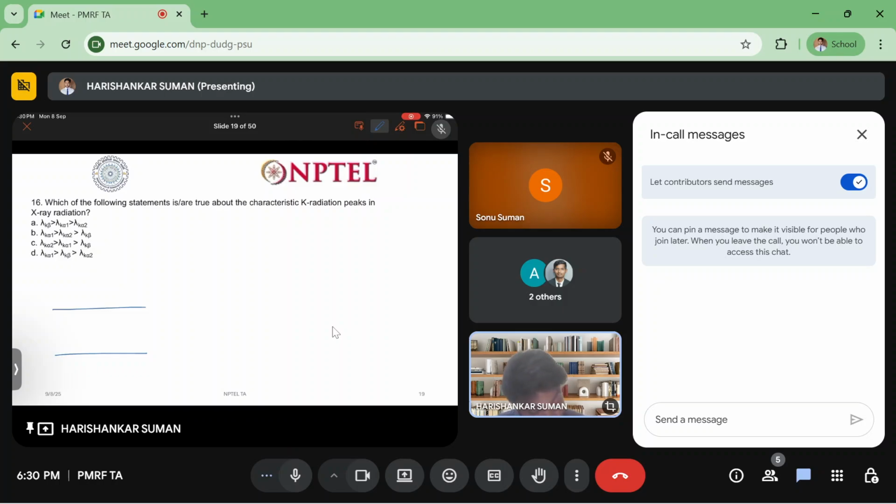Let's say K, L, M, N. A transition from these is K alpha, K beta, K gamma.